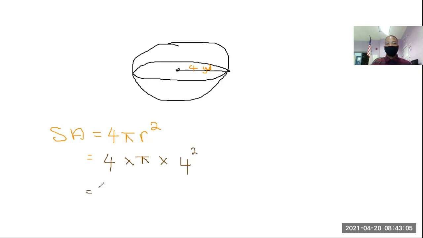When I work that out, I get 64 pi, and that equals about 201. But don't forget your units. The unit is yard, and for surface area you put a square, so it's yard squared.